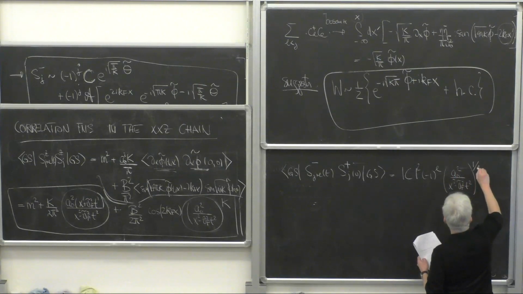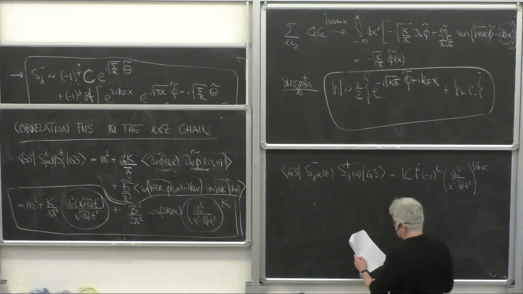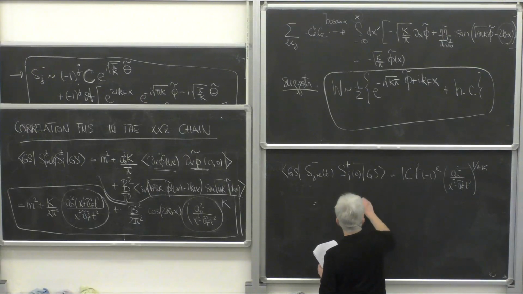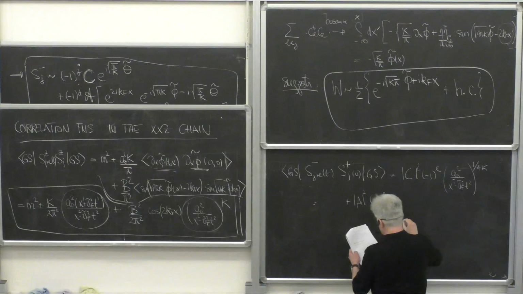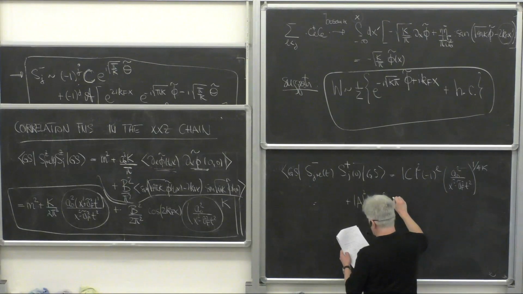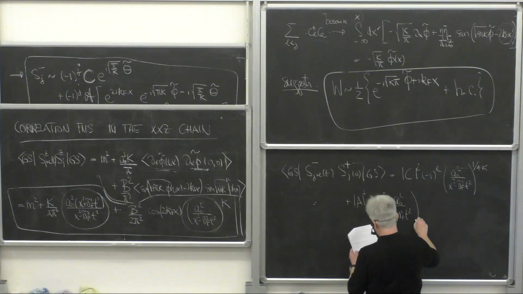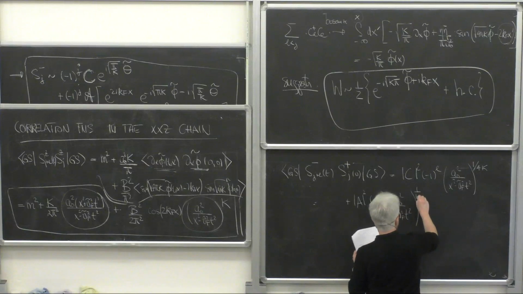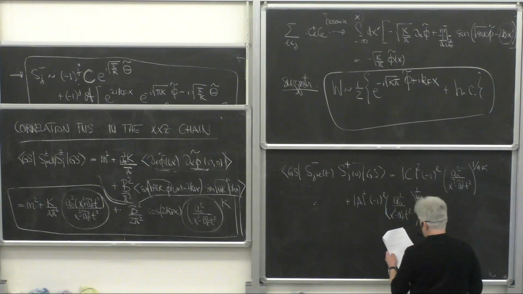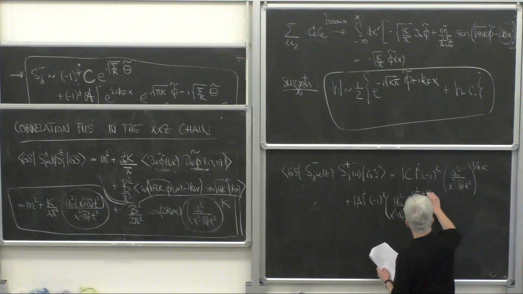1 over 4k. And then I have plus a absolute value squared, minus 1 to the L, a naught squared x squared minus vf squared t squared, 1 over 4k plus k.